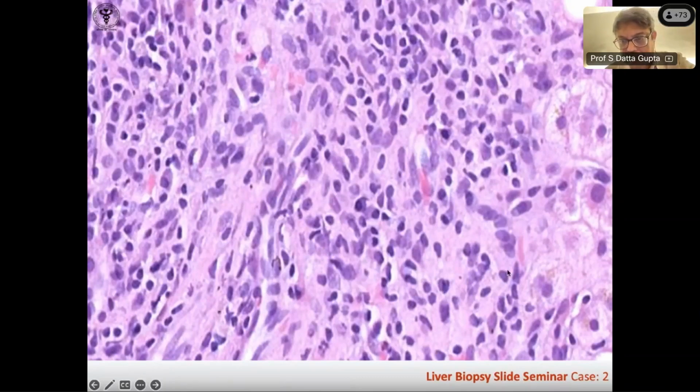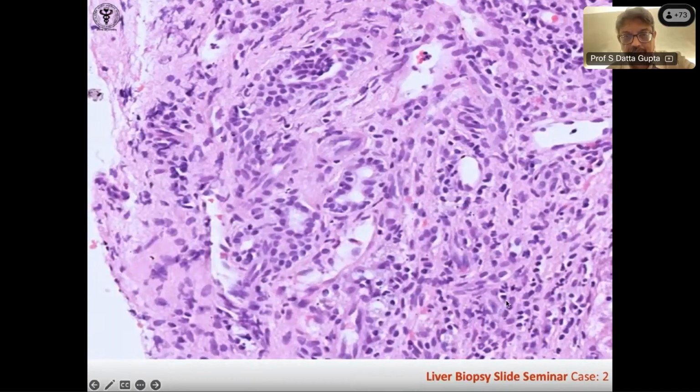Yeah, the plasma cell. This is a balloon cell. And see, it's all going into this. This is an area of piecemeal necrosis, right here. You see, here it is entering even the bile ducts and also causing some bile ductular damage.